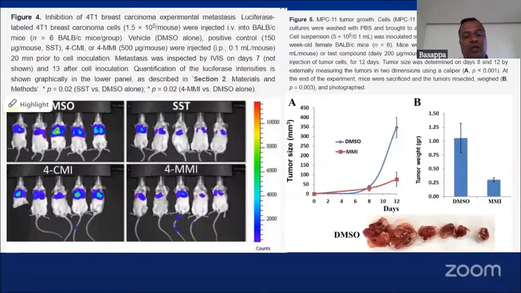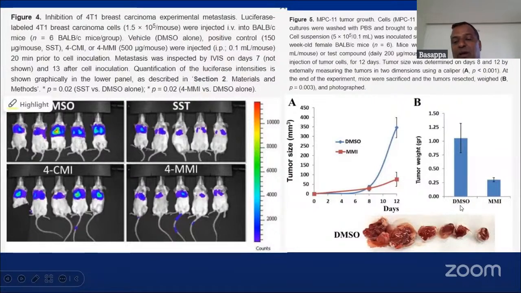Basically, for the in vitro and in vivo studies, we used a xenograft model where 4T1 cancer cells were used in biopsy mice, and the compound treatment was monitored, with DMSO control and MMI, where the size of the tumors was reduced. Here you can see the quantification of the tumor weight.